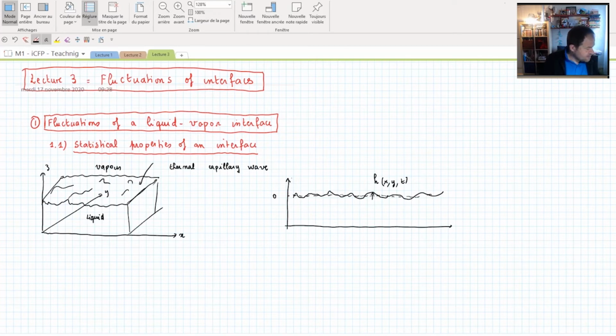So you see that on average, h will be equal to 0. So what we will have to characterize is the average over time of the square of that, which I will write as h square.